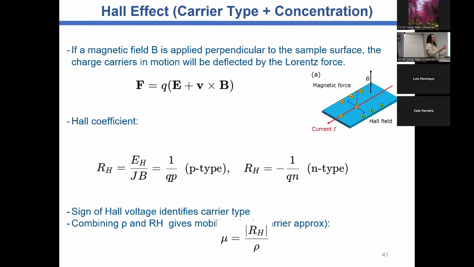In an N-type semiconductor, the carrier will be deflected by this magnetic force, and we can measure the mobility of the electron that is deflected by the magnetic field in terms of the Hall coefficient.